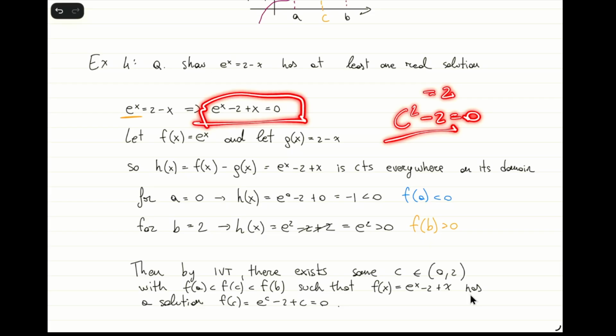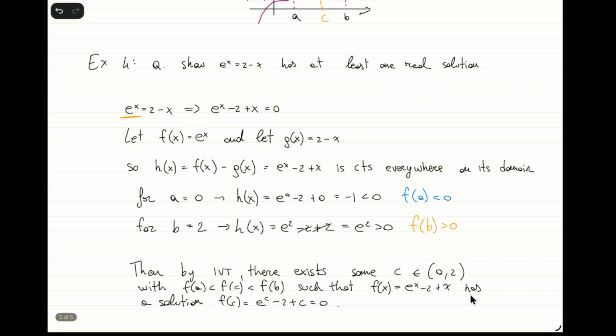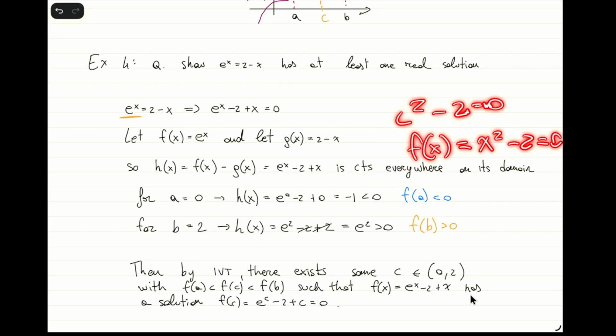It's always equals 0. We know this function c squared minus 2 will be continuous. Sorry, this would be a polynomial. So it's just x, continuous on the domain. So we can just say that a function, f of x equals x squared minus 2 equals 0.